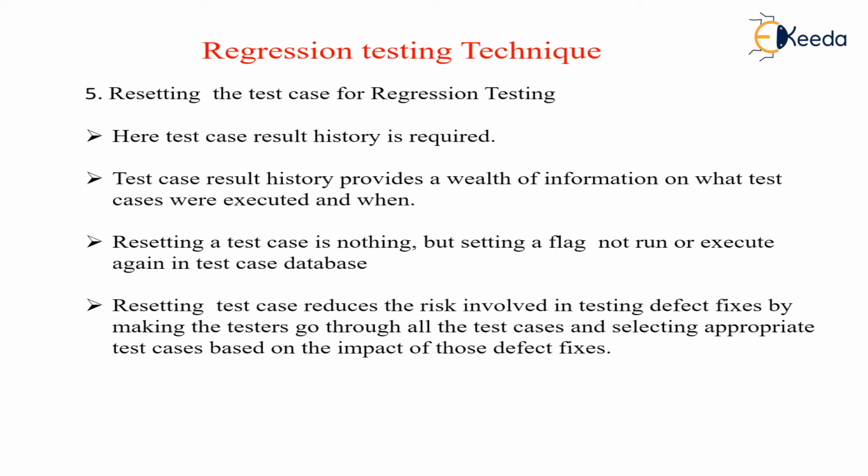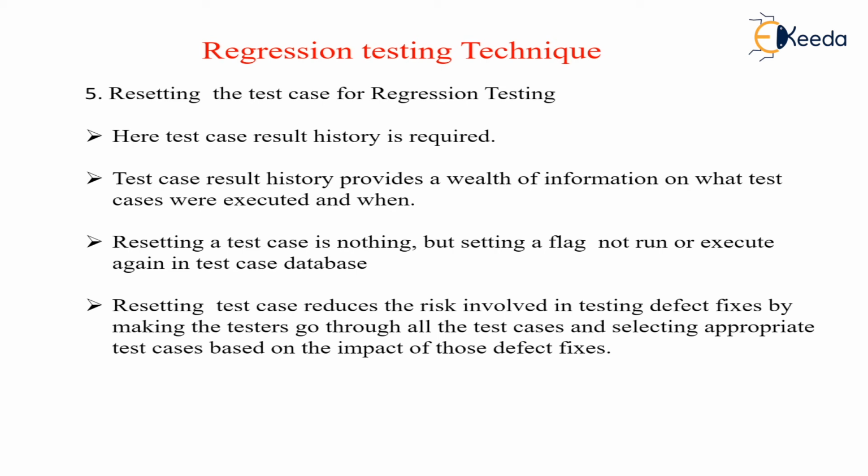So 0 could be set or 1 could be reset. Any value or mask, you mask them, right? So the same concept is being introduced here. A value has been set or validated here that is not run or execute again in the database. So when you check the test case database, you will find all the results and you will make a history. It will have a history inside it.